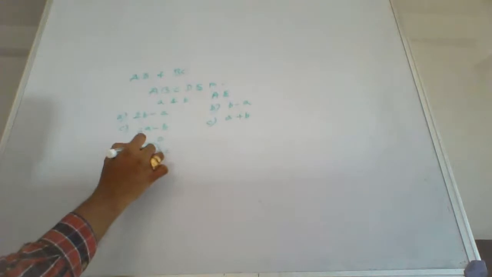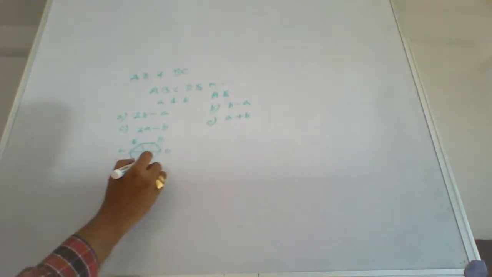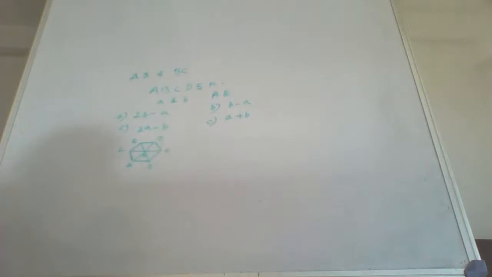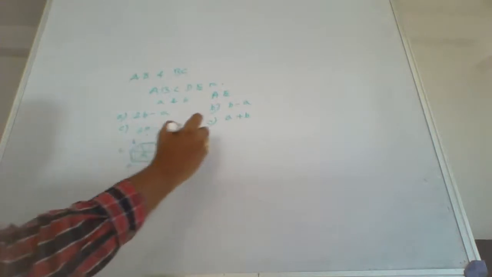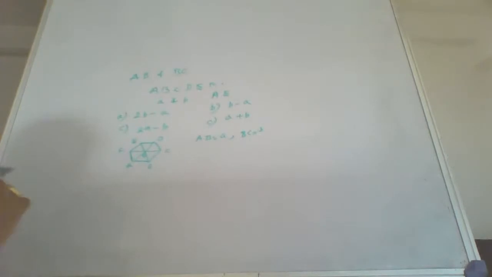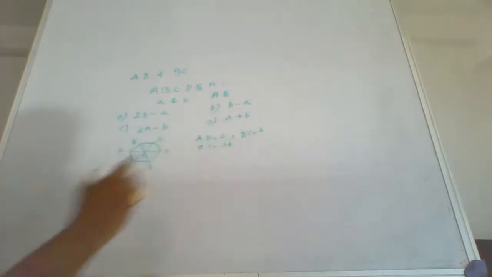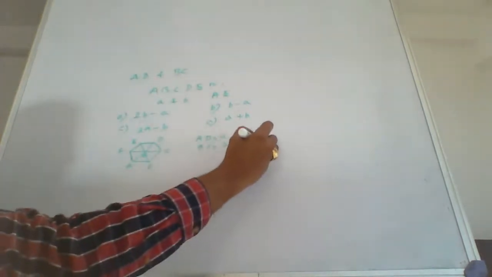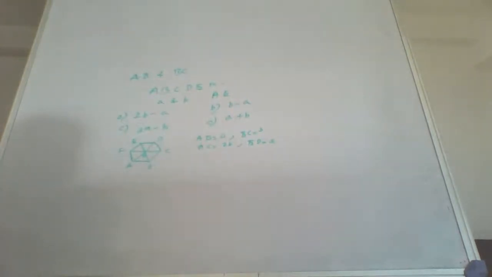These are the sides A, B, and the center is O. So AB will be A, and BC will be B, and AC would be 2B, and ED is A again.